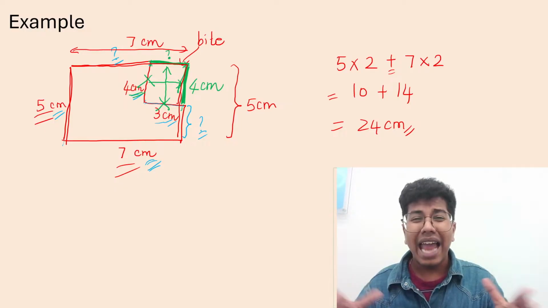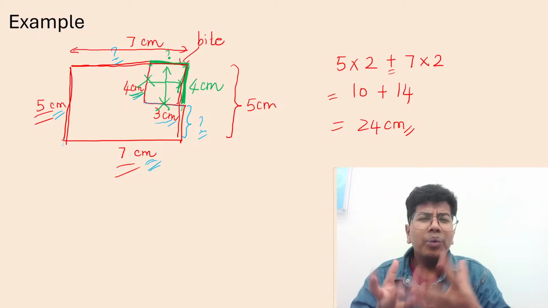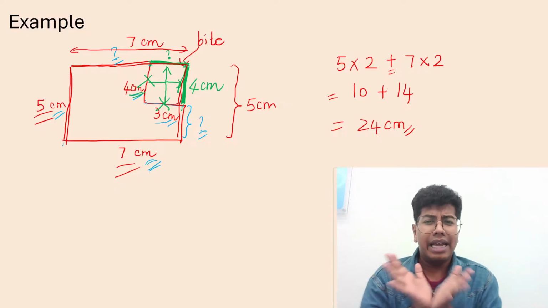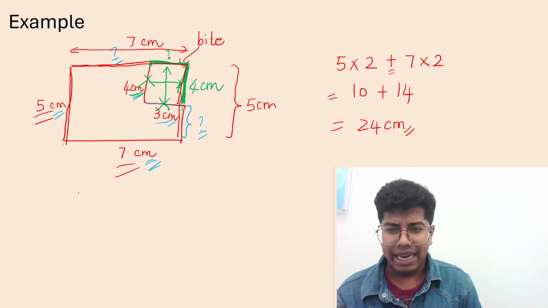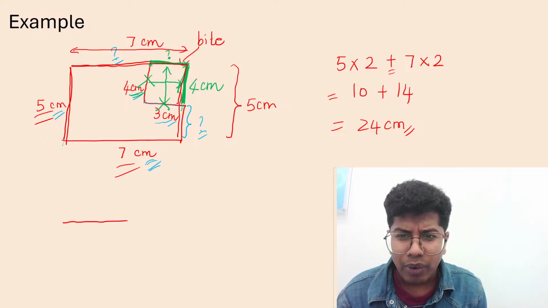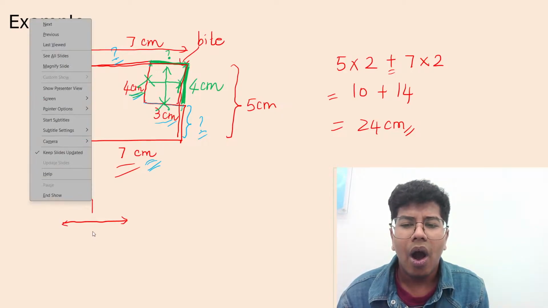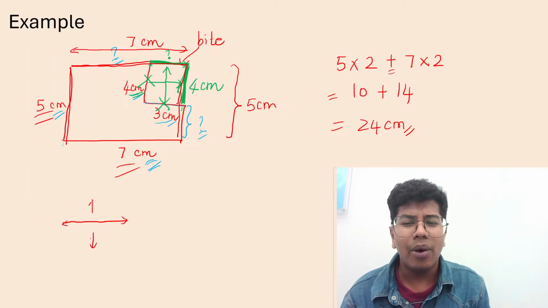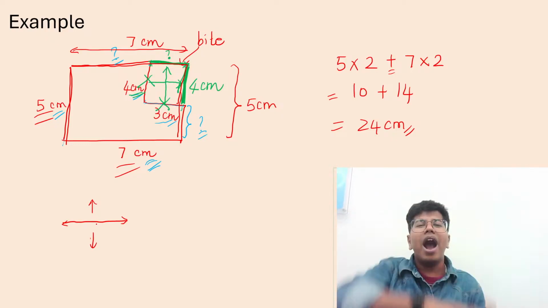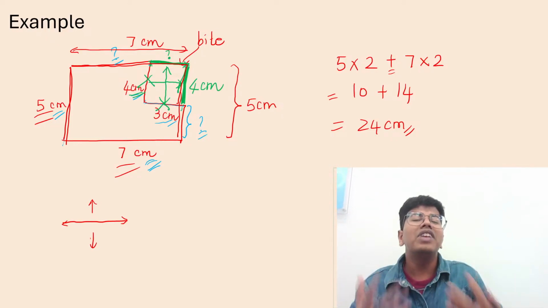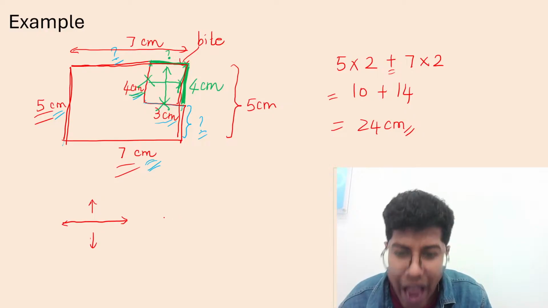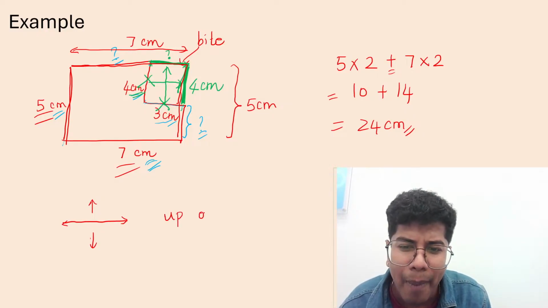So class, the part that we can understand from this example: the irregular shape looked like a staircase. And what we did in order to complete it is the vertical line. The vertical line that was of 3 centimeter, we tried to move up or down. So whenever there's a vertical line, you can move up or down to fill the shape.